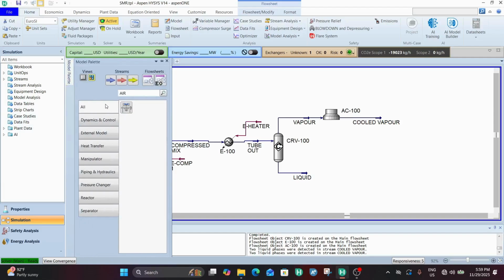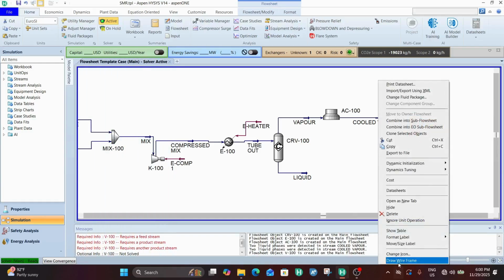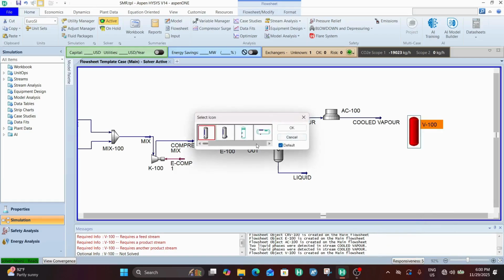So next up, we're going to drop a knockout drum, and our separator is what is used as a knockout drum. All we have to do is just change the icon. A knockout drum in our case, we just change the icon to look a little bit different.